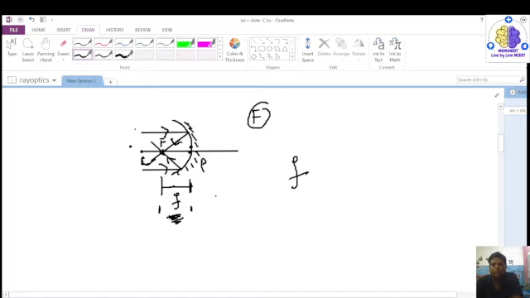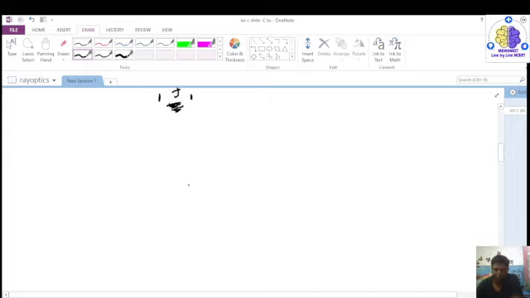So this was for a concave mirror. If we need to see the principal focus of a convex mirror, let's draw a convex mirror first. Suppose this is a convex mirror, right? Now let's draw the principal axis first.